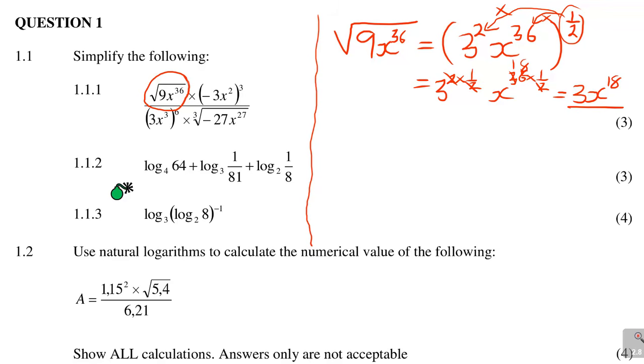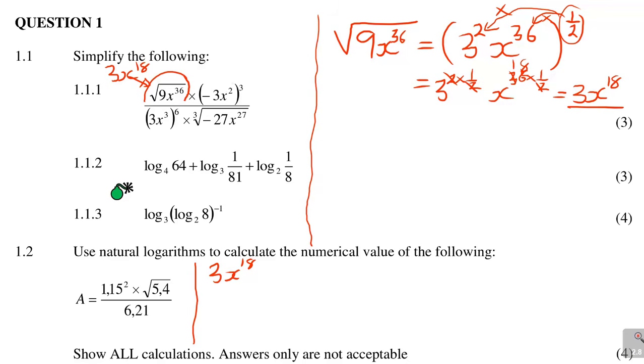So this simplifies to 3x to the power of 18. You see how simple this sometimes becomes. It's just a matter of being able to simplify them. Having done that, the top part there is 3x to the power of 18. Let's move on.